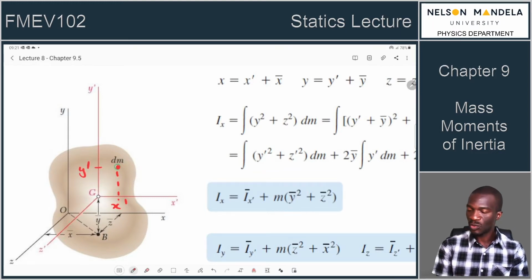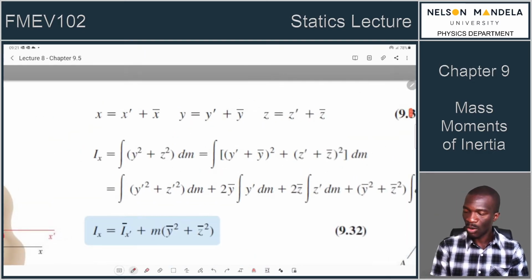Therefore, its absolute x using the original reference frame is given by the centroidal x, which is x bar, plus the x prime from the centroidal axis to the mass element. The same applies for our y and z axes.